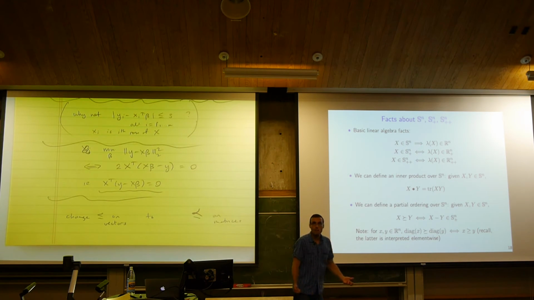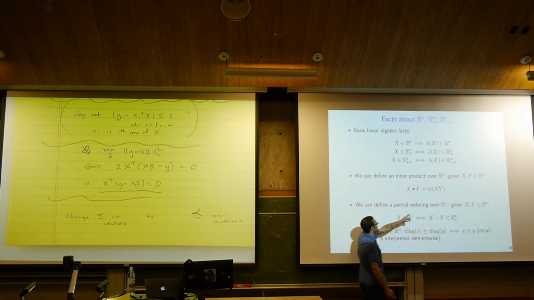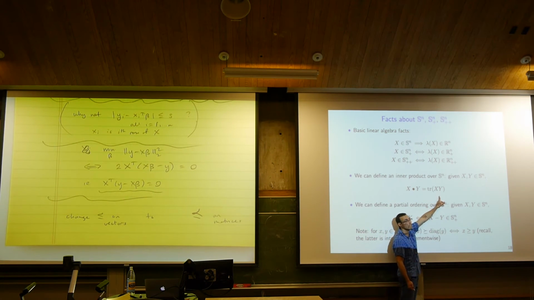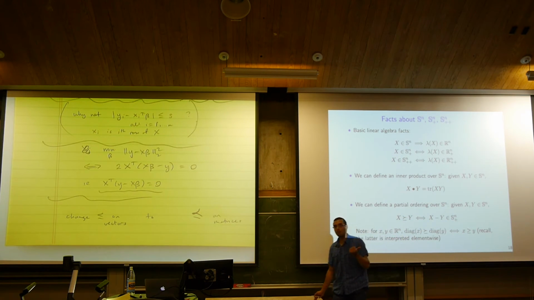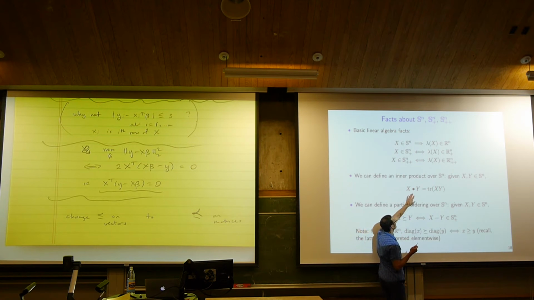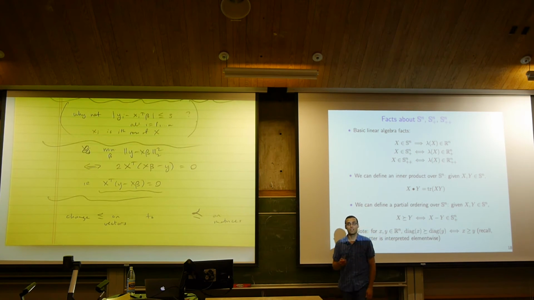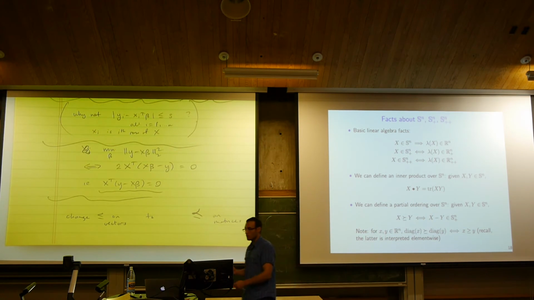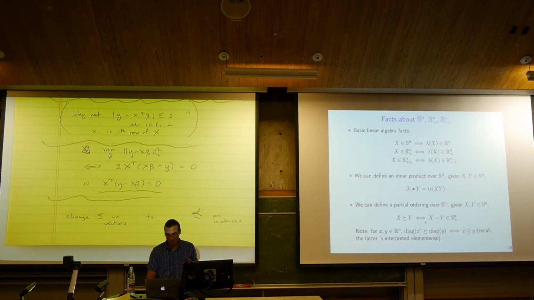We can try to do the same thing with matrices. That's exactly what this is. If you write this out as a sum, you'll see that this is exactly the sum of all xij times yij over all i and j, just the trace of x times y. So we're going to denote that by this solid dot. That's going to be our inner product over matrices. And I've already said this in words in previous classes. We can define a partial ordering over symmetric matrices.